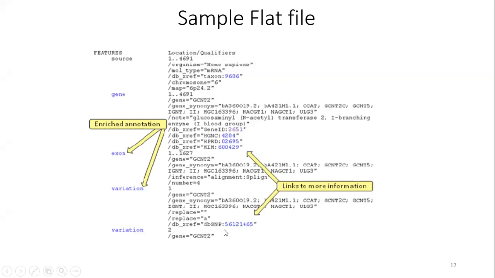For example, this is the link for dbSNP. If you click over here, that particular entry is associated with single nucleotide polymorphisms, or what we call SNPs. So whatever data might be associated, it is usually linked with some external resources. This is one of the biggest strengths of using the reference sequence database. This will not be there in NCBI's GenBank.